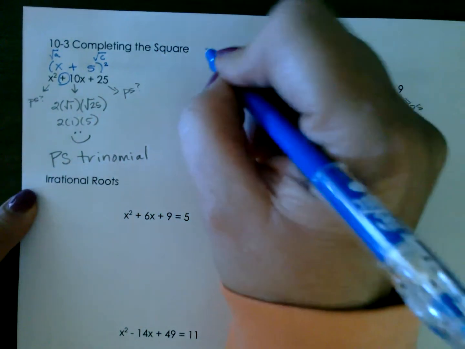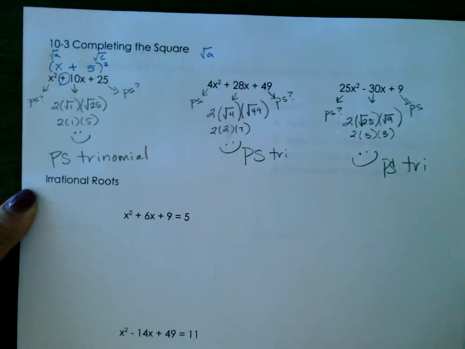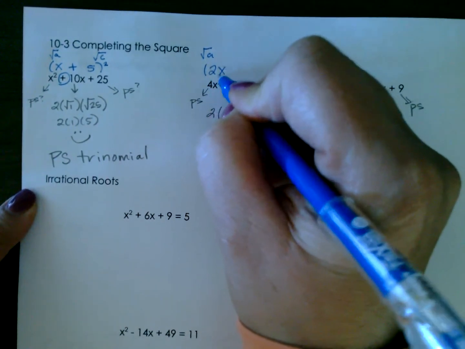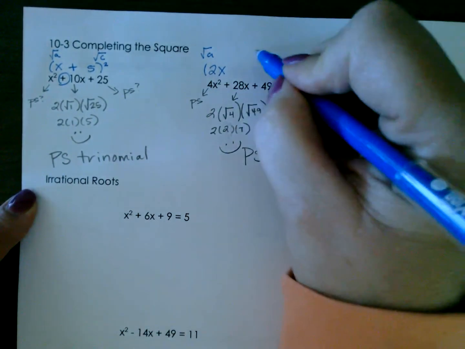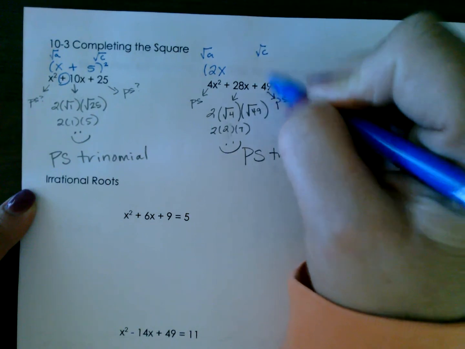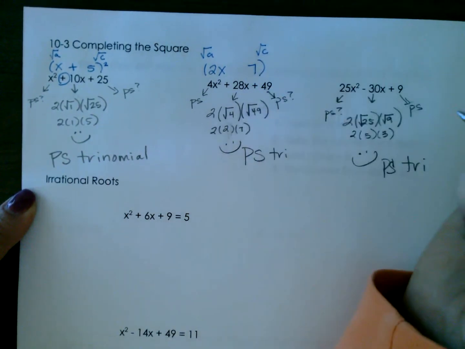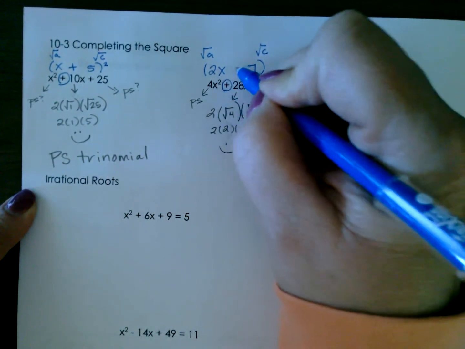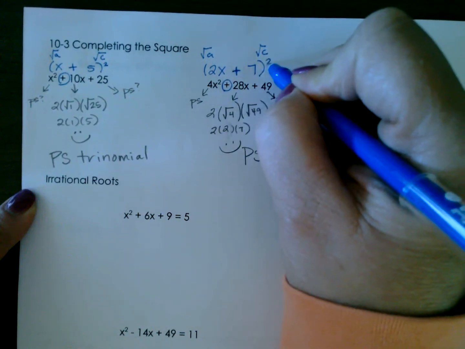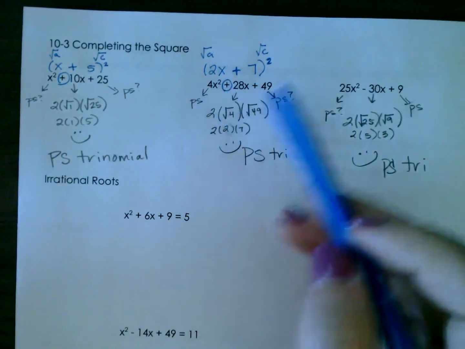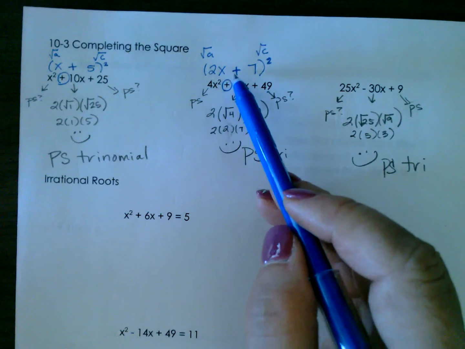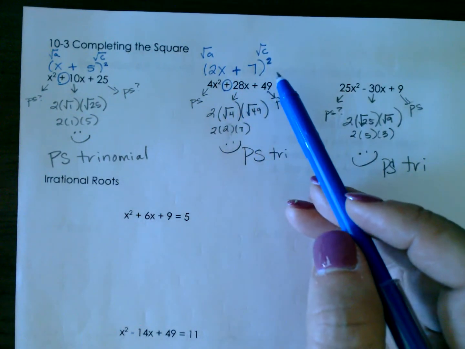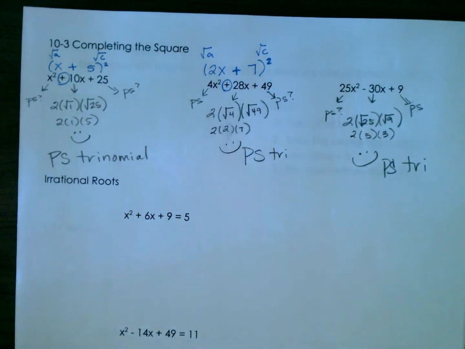For the next one, I will take the square root of the A term, so that would be 2x. The square root of the C term, which is 7. Sign in front of B, squared. So if I FOILed that back out, 2x plus 7 times 2x plus 7, I would get that answer.